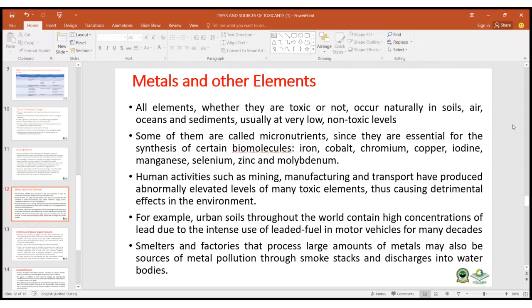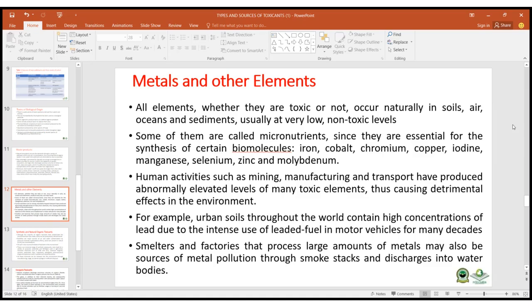And that's why, as regulatory personnel, normally you have what is referred to as the permissive level. So we have regulatory bodies that ensure that these chemicals, metals, micronutrients or other heavy metals do not go beyond the permissible limit.